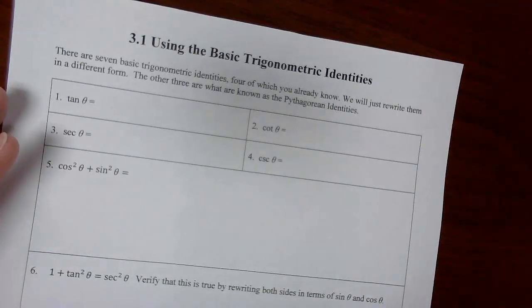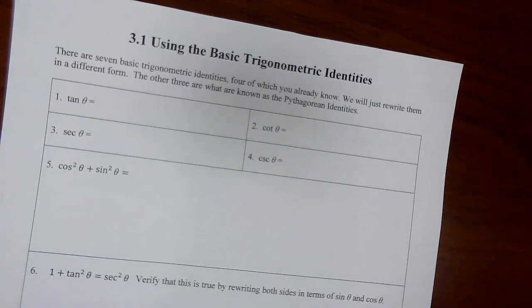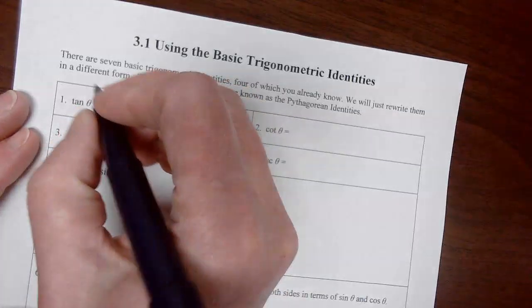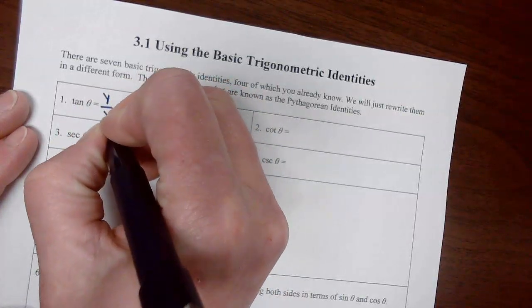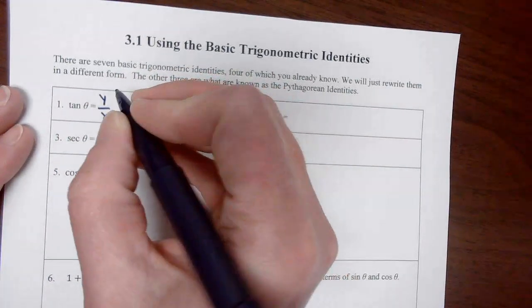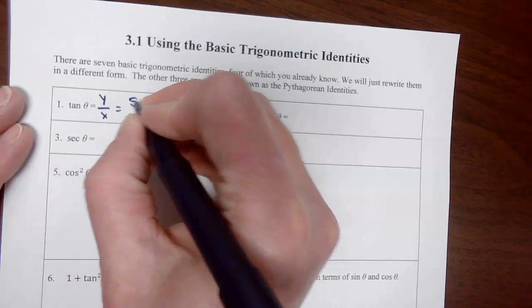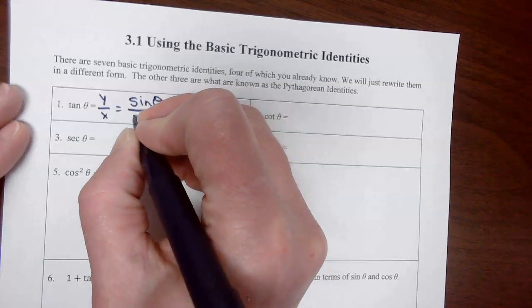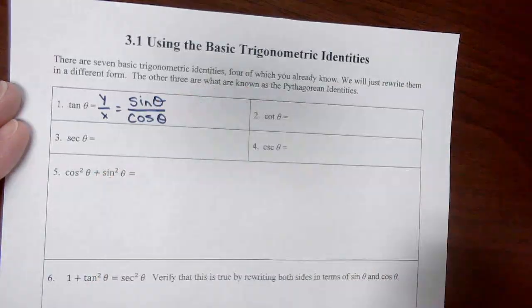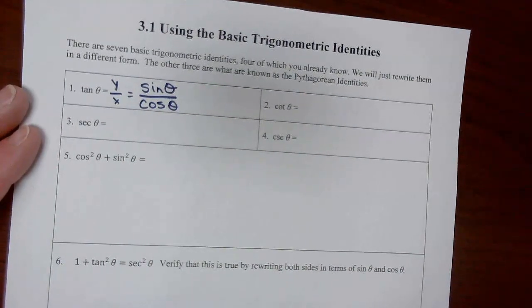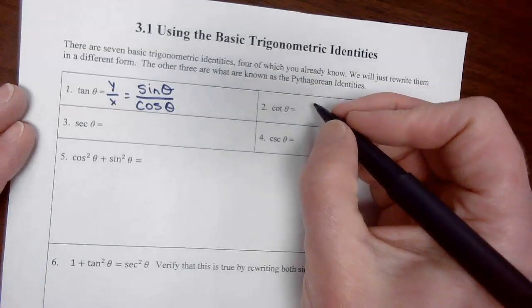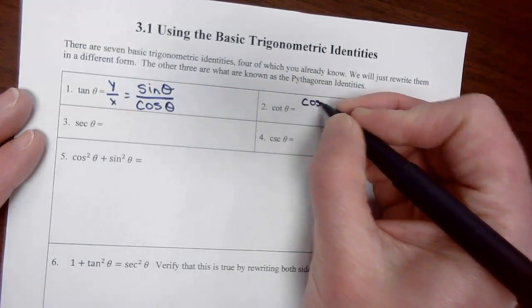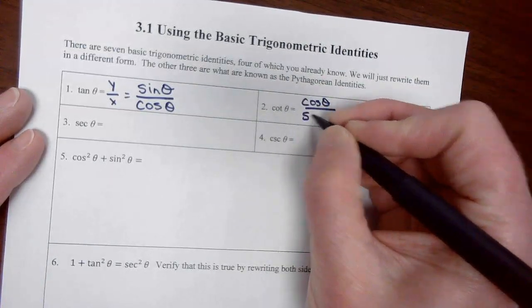Well, let's think about what y and x are on the unit circle. If we think about this as y over x, y was related to sine over cosine. Cotangent was just a reciprocal, x over y, so this can be rewritten as cosine over sine.